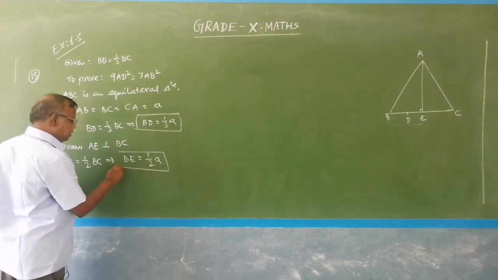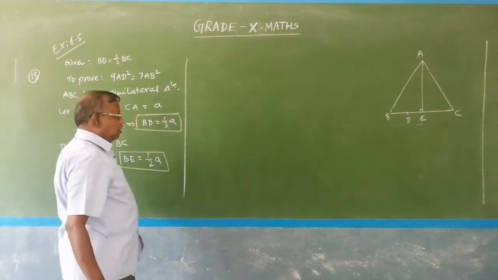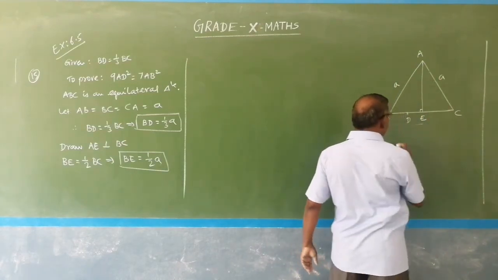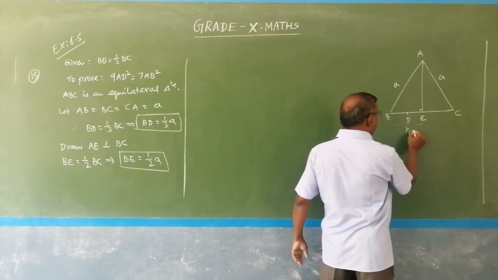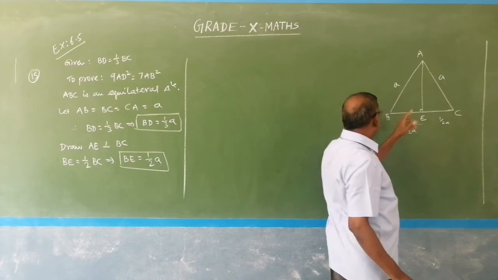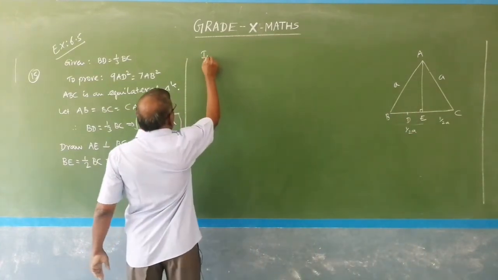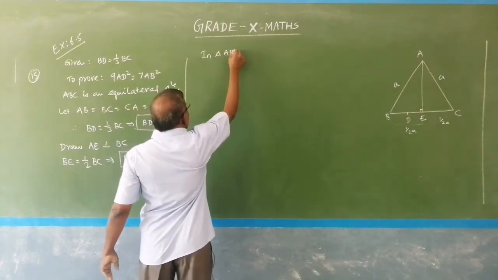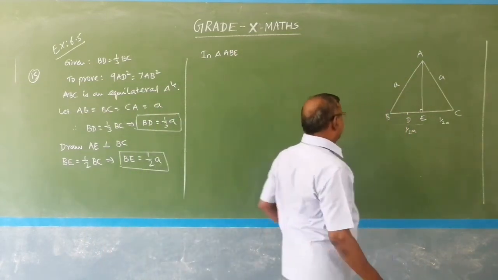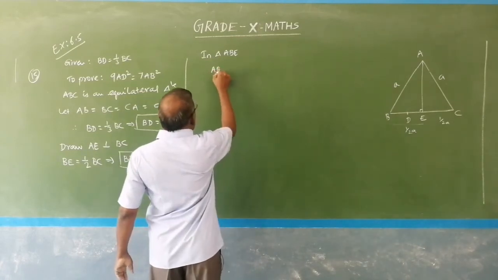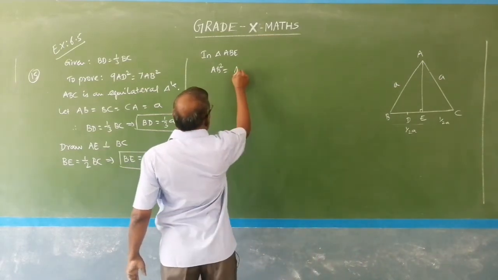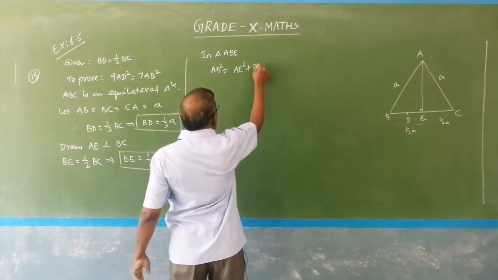So this is also required. Now what is the altitude? The side is A, but BE equal to 1/2 A, EC equal to 1/2 A. In triangle ABE, AB square equal to AE square plus BE square.